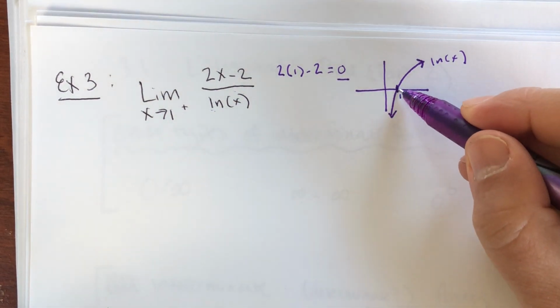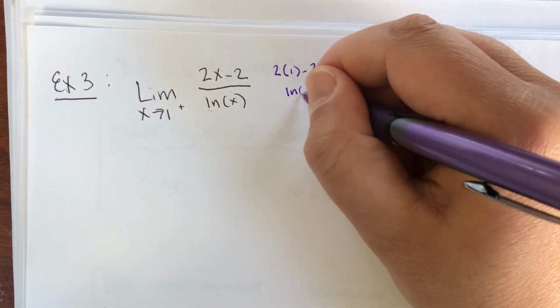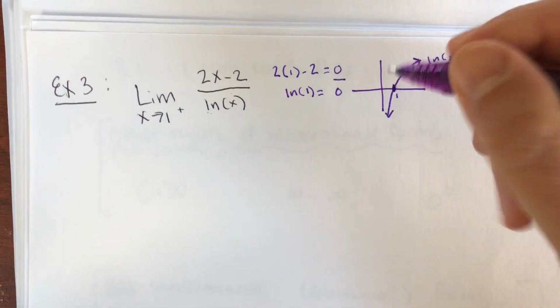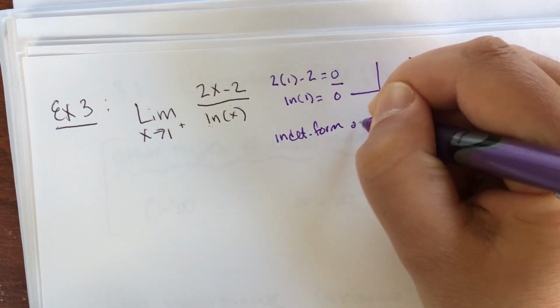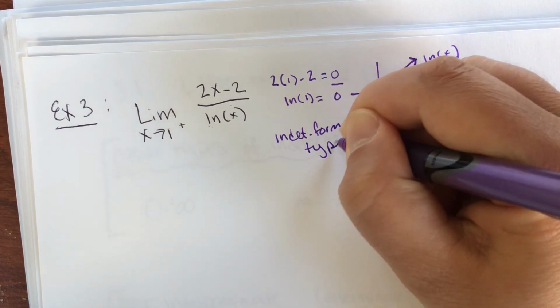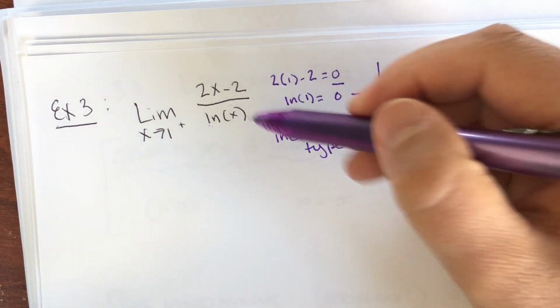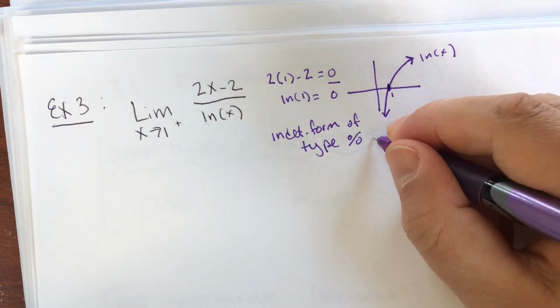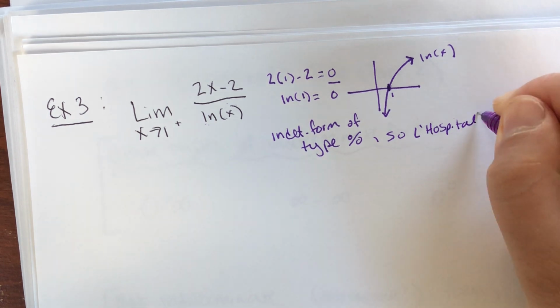All right, ln of 1, right, the output when x is equal to 1 is also 0. And so we get an indeterminate form of the type 0 over 0. Okay, so what this means is we can use L'Hopital's rule. L'Hopital's rule applies.